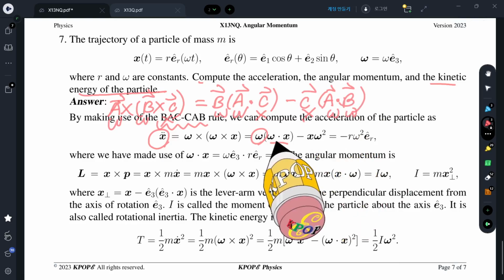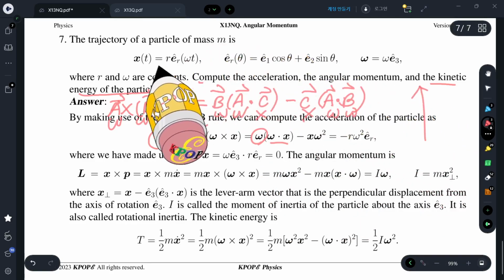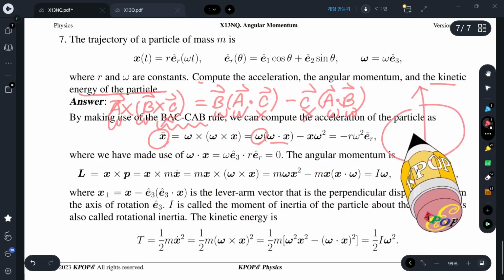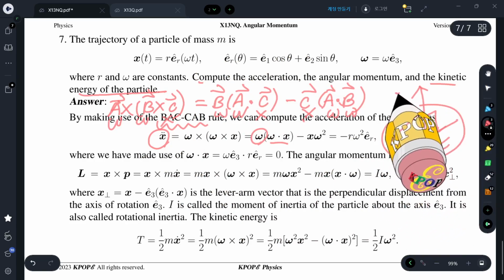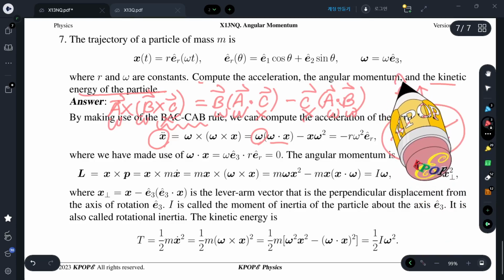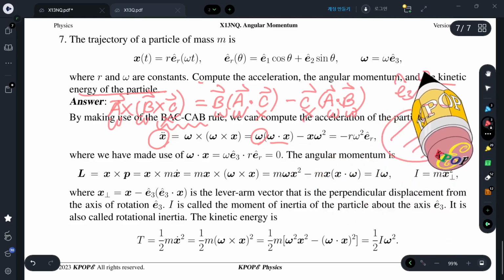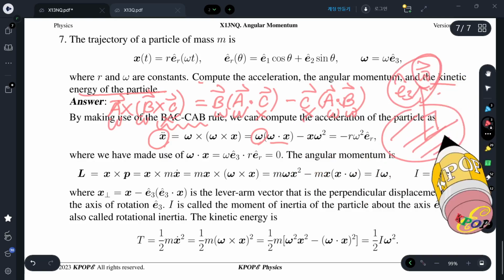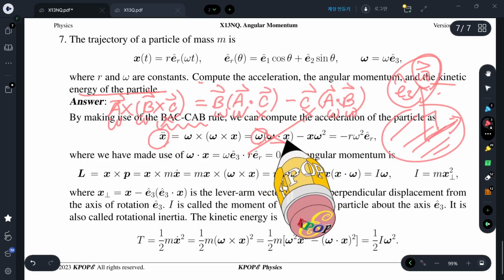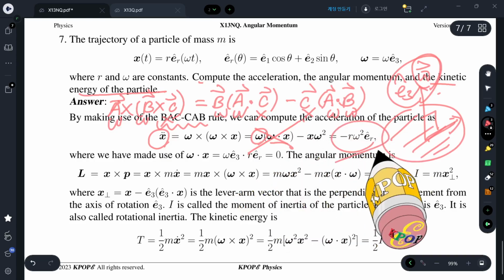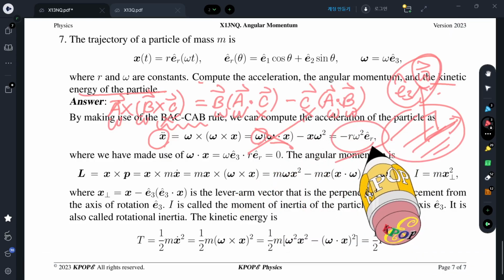By the way, this is a uniform circular motion. The position vector is perpendicular to the axis of rotation, so E3 and omega are parallel, and omega and x are perpendicular to each other. This one vanishes. Only r omega squared survives.